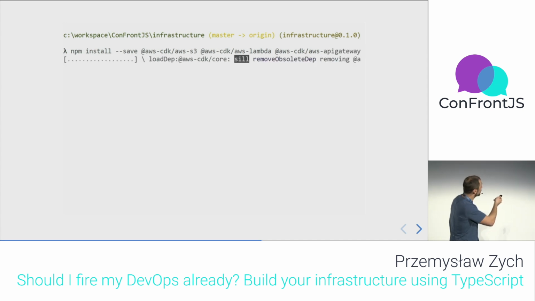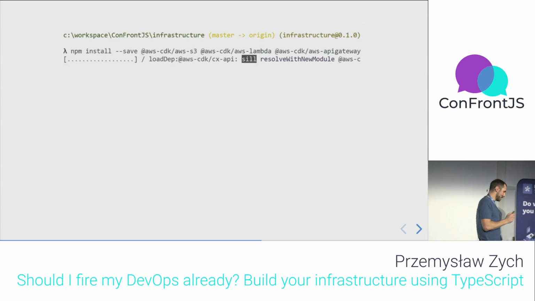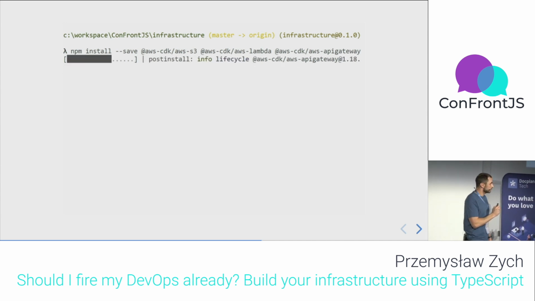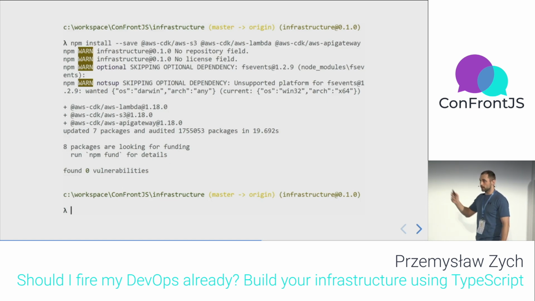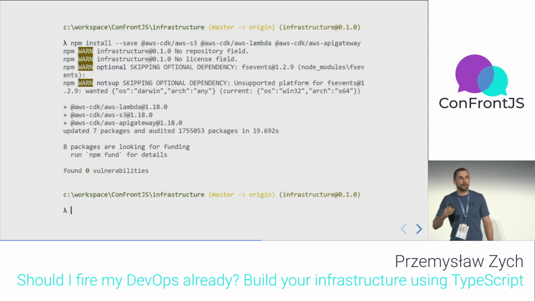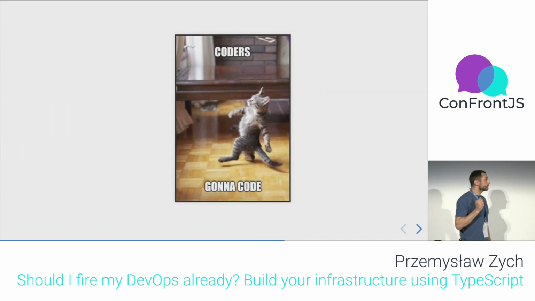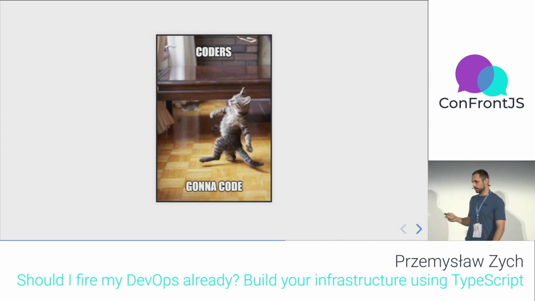So AWS S3, Lambda, and API Gateway are TypeScript constructs, called constructs by the documentation, and they are classes. They are generating the YAML files for the deployment. So what are we going to do next? Coder is going to code.